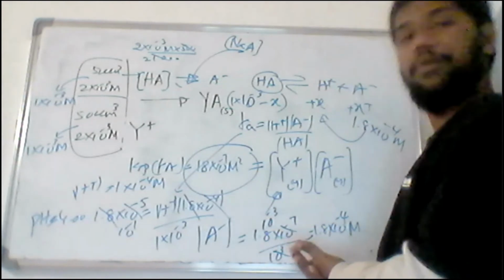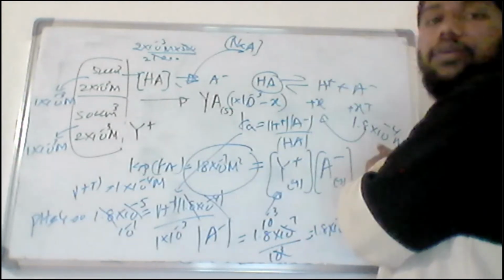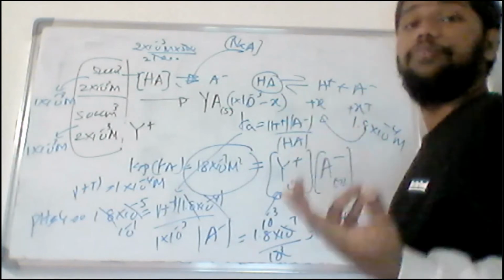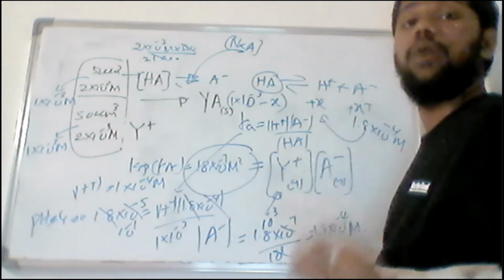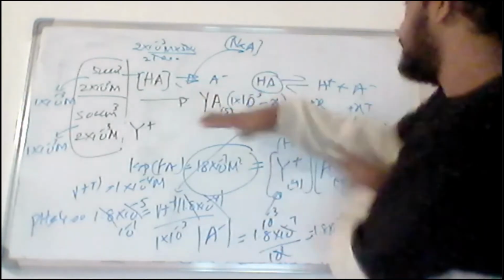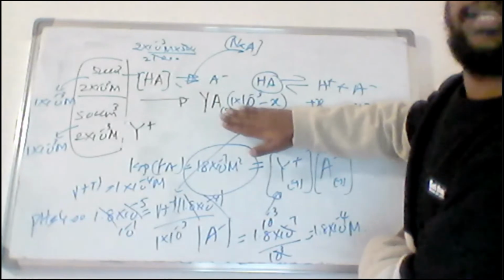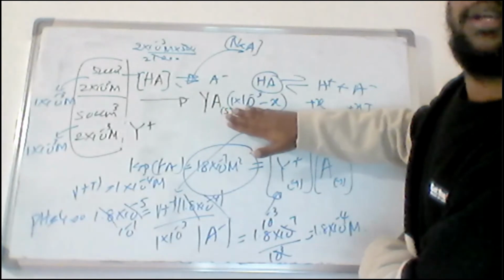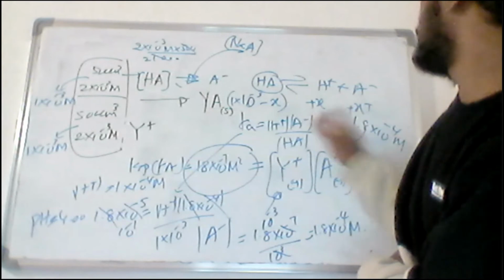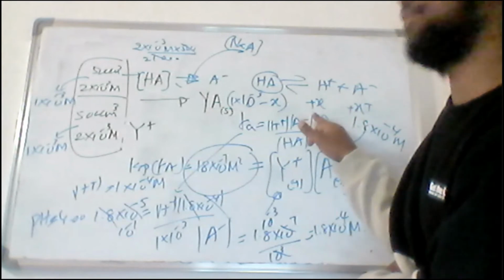This is the reacted amount. So we have found the reacted amount, and now we need to find how much X, it means how much H plus is now present in the new equilibrium. If you have only HA in the solution, it is X and X. But when you have Y plus, now this cannot be X and X. This is something else, and this is something else.